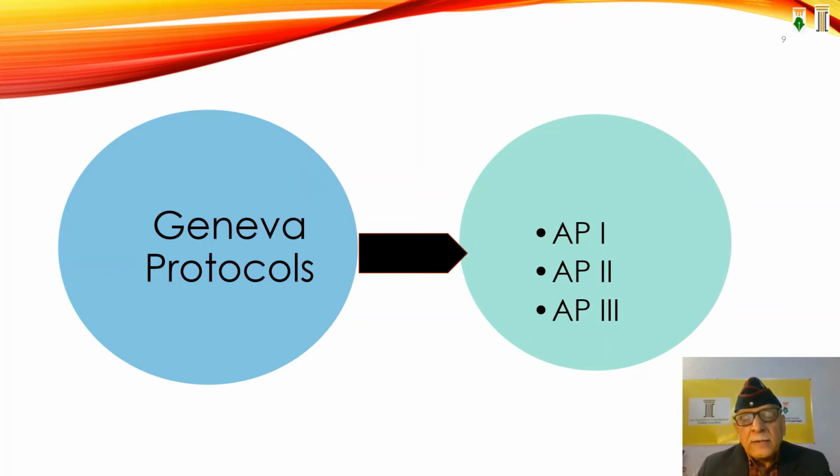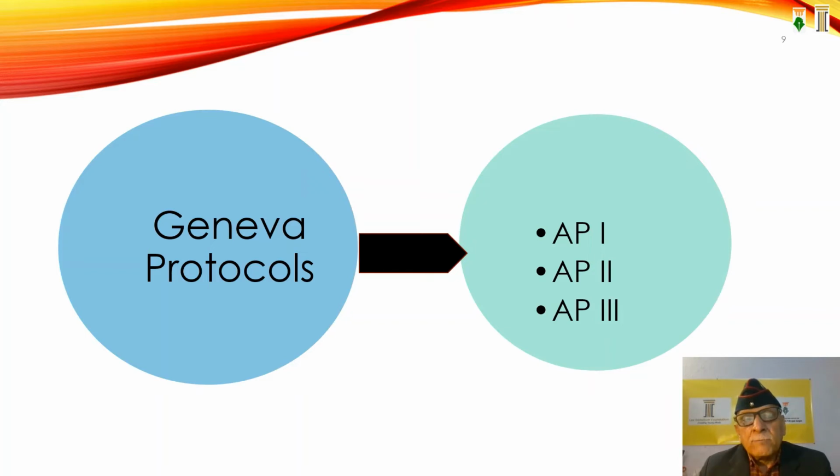Now, these may take place within the territory of one country or between two states, but the confrontation or the armed conflict may remain of a non-international nature. AP3 relates to the distinctive emblem, the protection that it affords, the legality of its use, and who can use it.